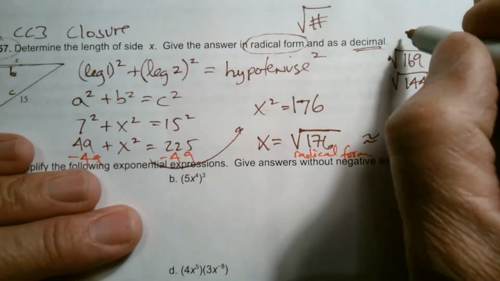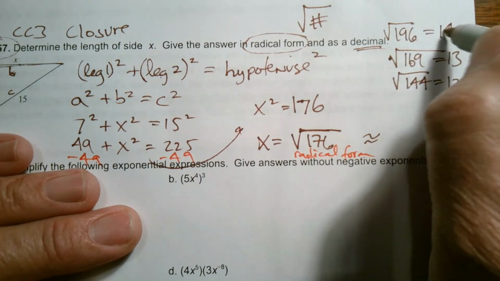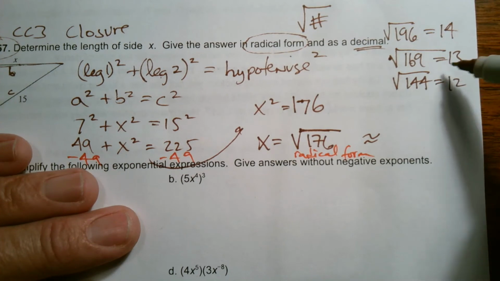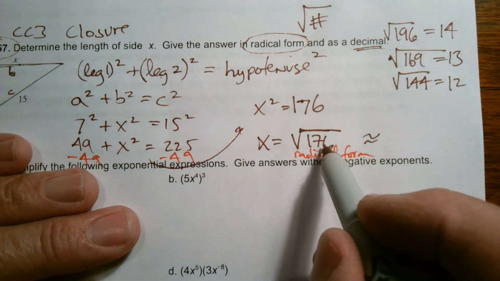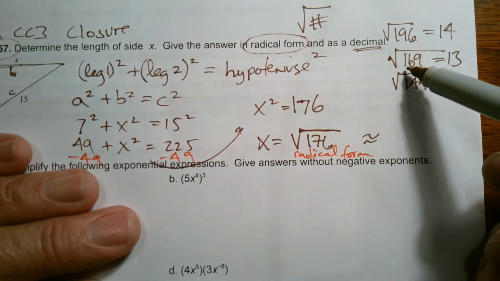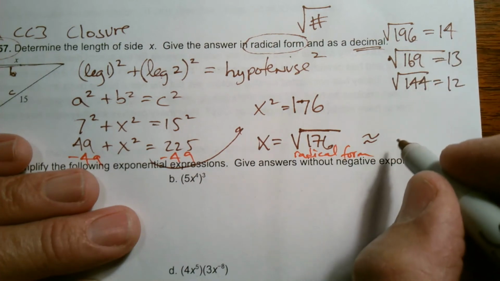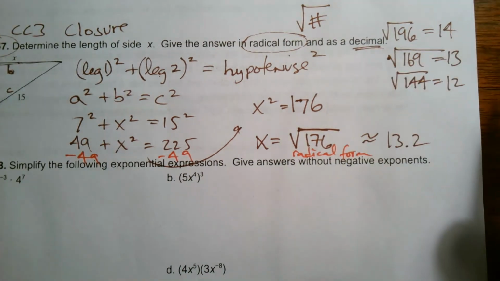The next one, the square root of 196, is equal to 14. So I know my perfect squares: 144, 169, 196. If I look where this is, 176 is in between 169 and 196, and it's closer to 169. So I could say that my answer would be approximately 13.2 based on that type of approximation.